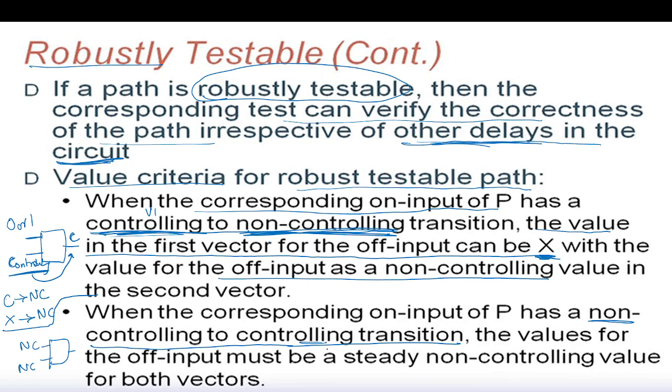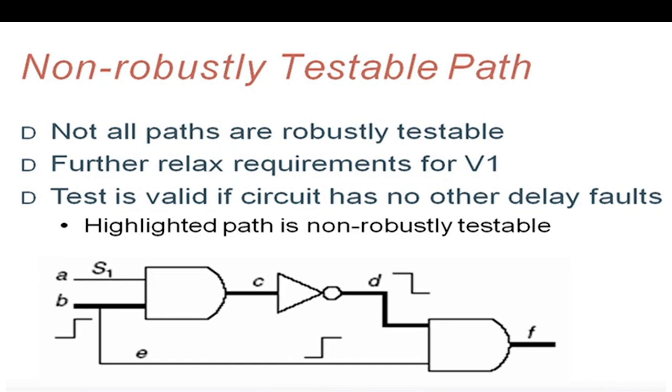To have the transition, we want the next vector also to be non-controlling. So this off path must be steadily or strictly non-controlling for both the vectors. So these are the criteria for the values we want to assign for the off path for the robustly testable fault.